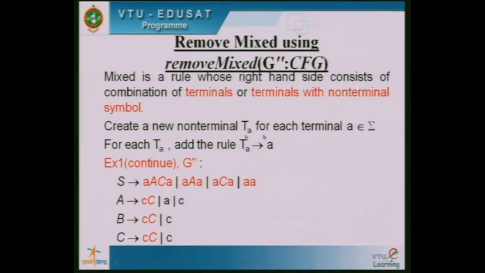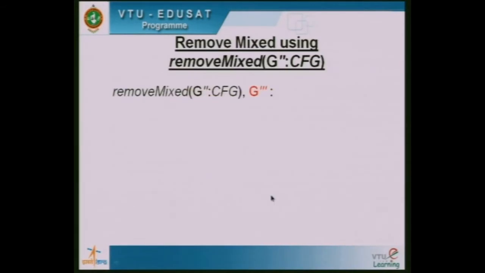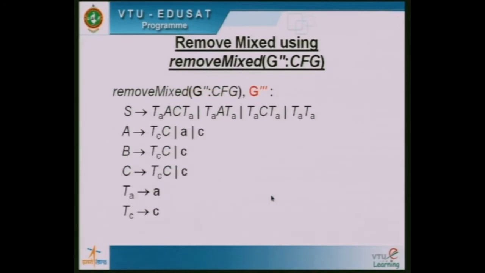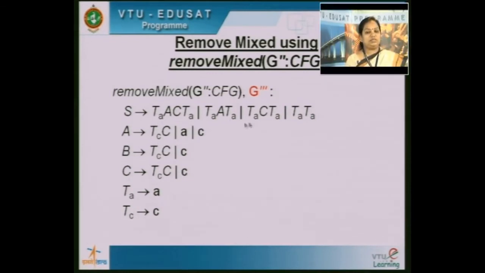Which terminal symbols are there? A and C. So we add two non-terminals TA and TC, add the two rules TA tends to A and TC tends to C, and then replace all the terminal symbols with these TA and TC non-terminal symbols. Hence, this grammar looks like this.